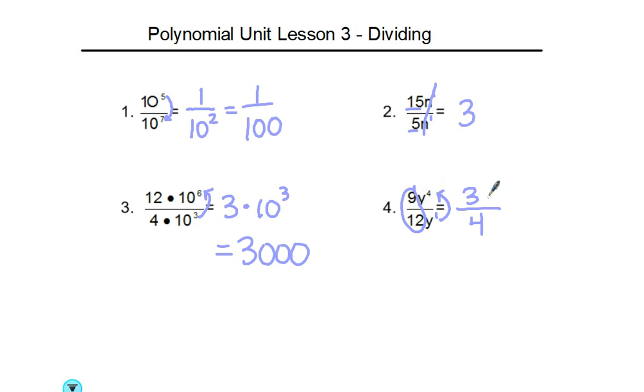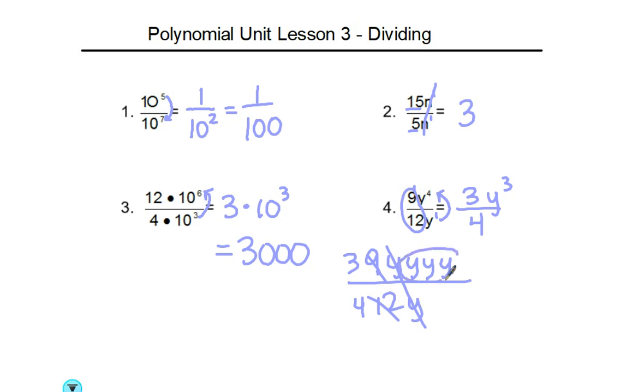So 4 minus 1, we get y to the third power. Again, if we want to see that in expanded form, that's 9y over 12y. Well, we just saw that this reduced to 3 over 4, and then one of our y's is going to cancel out, which is where we get that y to the third power. Okay?